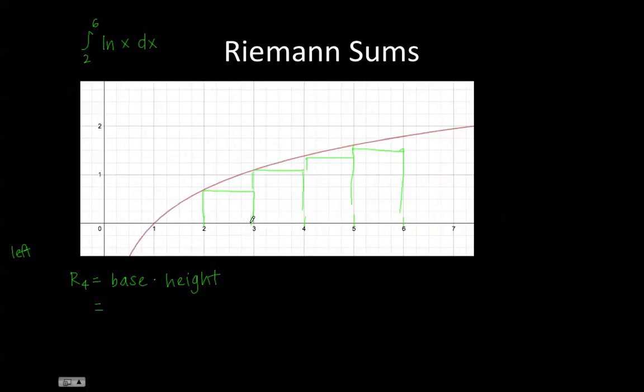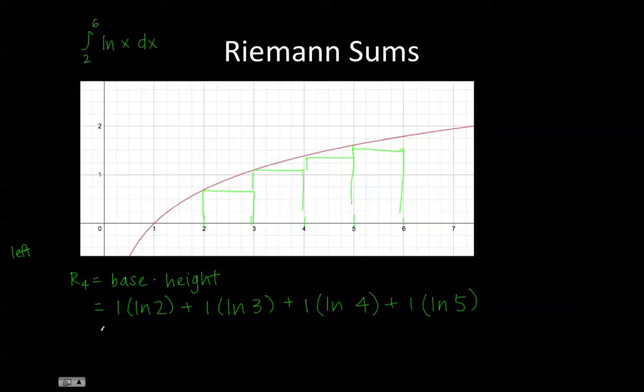So in this first case, my first increment has a base of 1 multiplied by the height, which is ln of 2, plus the base of my second interval, which is also 1 multiplied by the height, which is ln 3, plus my delta x here, which is also 1 multiplied by ln of 4, because I've chosen to do the left Riemann sum, and lastly my last delta x of 1 multiplied by ln of 5.